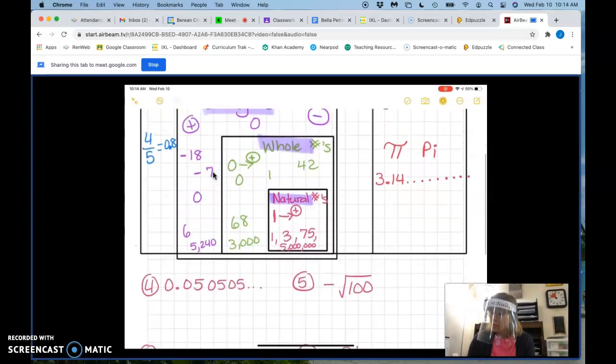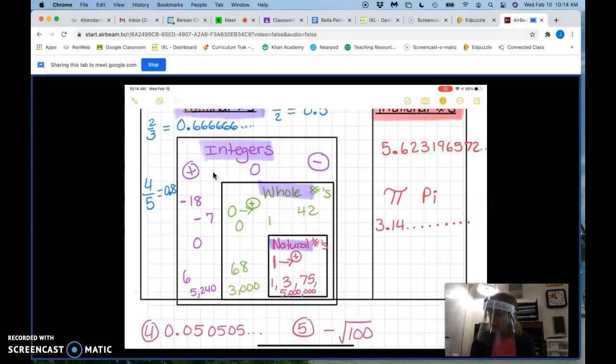On this first one, look at the number they gave me. I have a decimal that is repeating. What is it repeating? It's repeating 050505. So if it's repeating that, guess what?